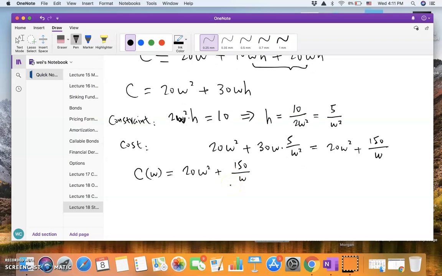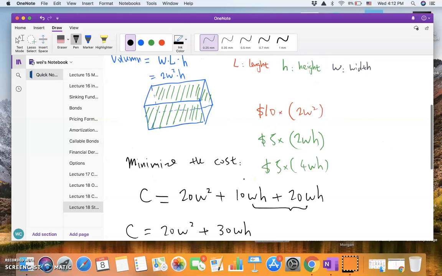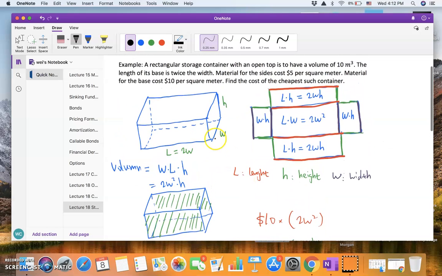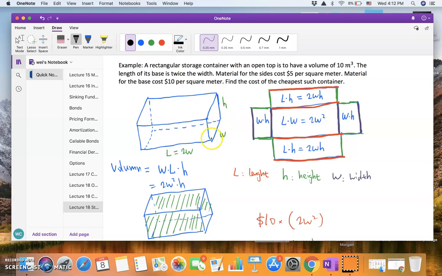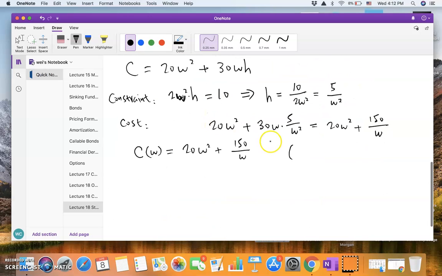Just like the previous example, before we start, let's think about what the domain of the function is. In other words, we need to think about how small w can be and how big w can be. Since w is the width of the box, it must be positive.